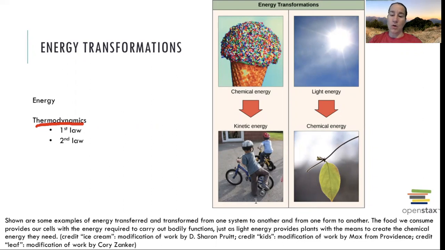So it is constant and conserved. It's not going to go away. First law, constant and conserved. Second law is that the energy can be transferred. So it can be transferred from light energy into chemical energy, like those glucose molecules that photosynthesis produces at the end.